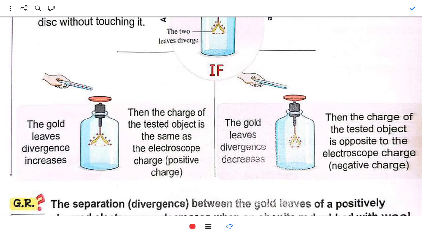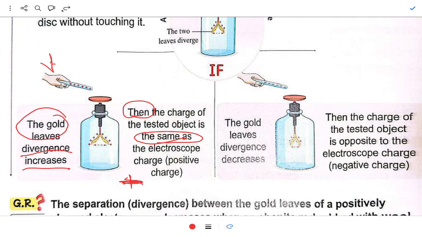If the divergence of the gold leaves increases, then the charge of the tested object is the same, so it is positive, because we charged the disc with a positive charge.